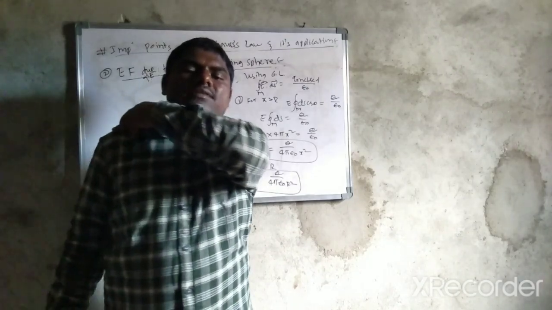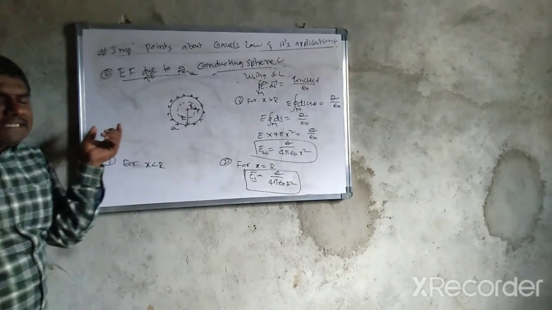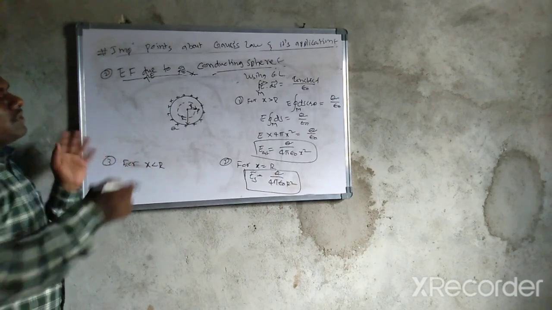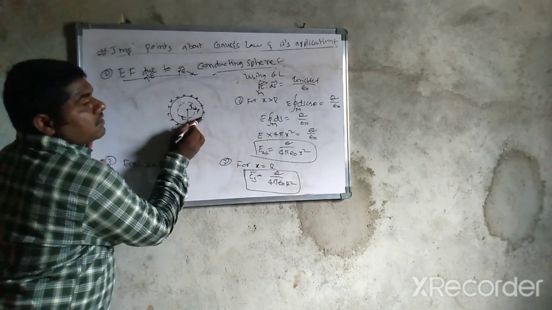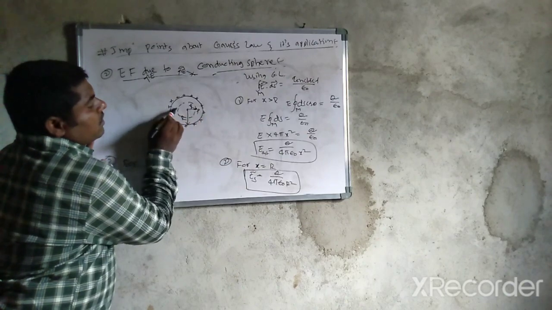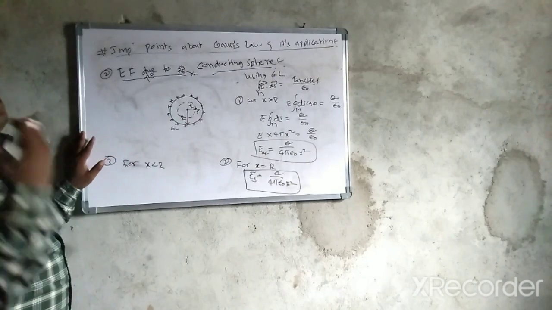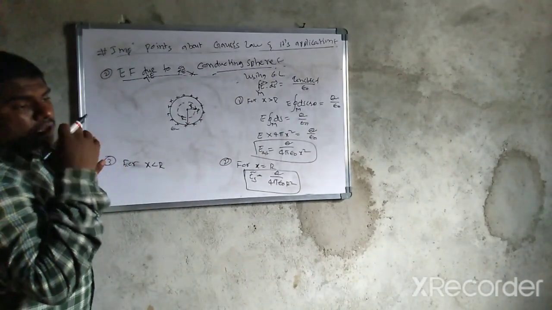By symmetry, inside there is no enclosed charge, because the contributions in one direction and the other are equal and opposite, and they cancel.